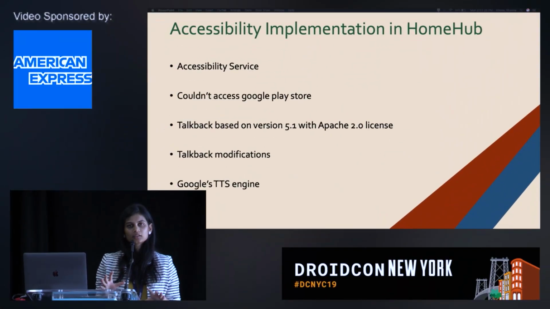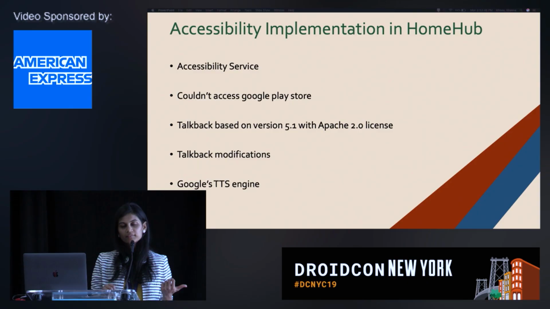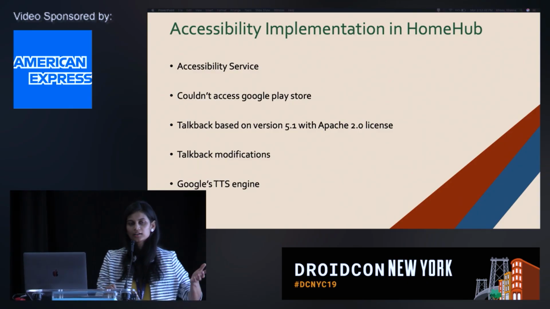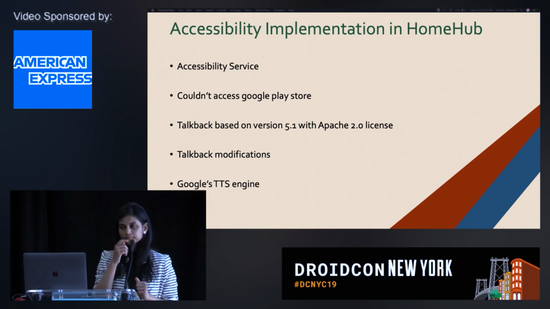We obviously had to make certain modifications because this was greater than KitKat, so we had to comment out code that would crash our app on KitKat, some of the string manipulations, etc. And the last part, as I mentioned, TalkBack makes use of Google's text-to-speech engine. We did not have it, so we had to ask our backend to patch this through. So they made sure that we have text-to-speech, and that's how we were able to do accessibility.